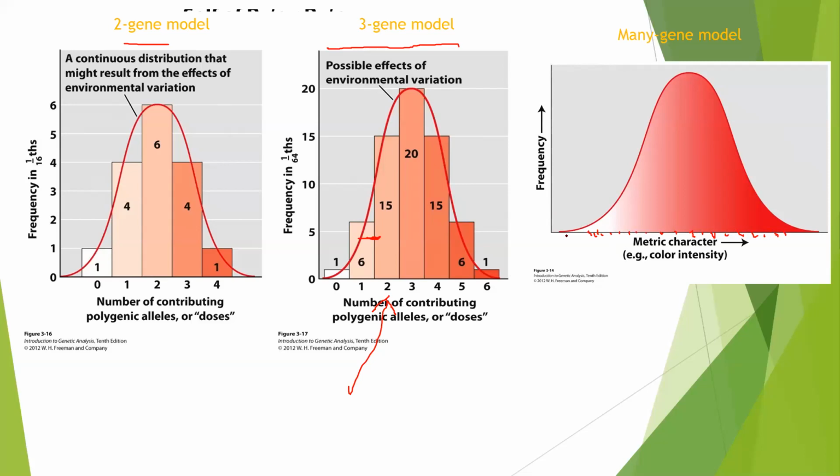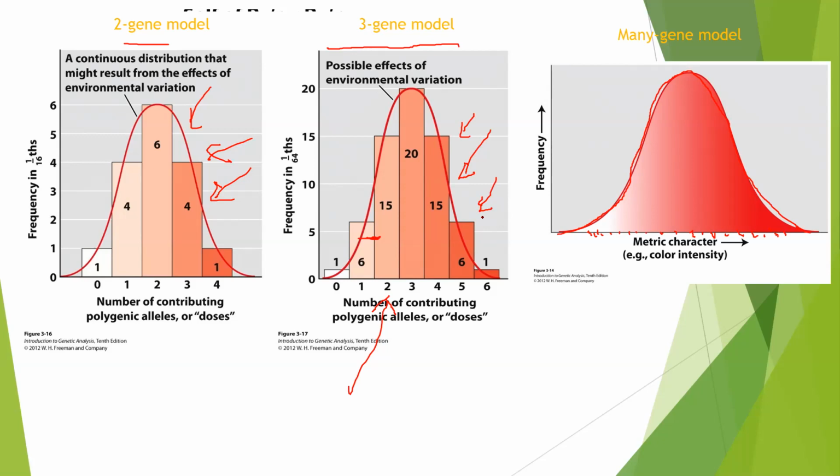That's why if a trait is controlled by many genes, you're going to end up with a continuous distribution, not the categorical distribution of the simple examples. So this is the relationship between a simple trait and complex traits, or quantitative traits.